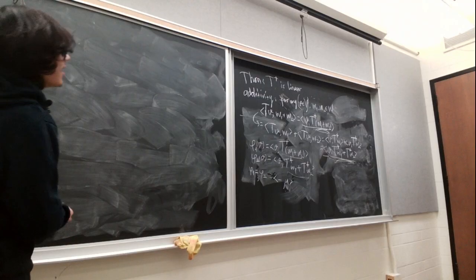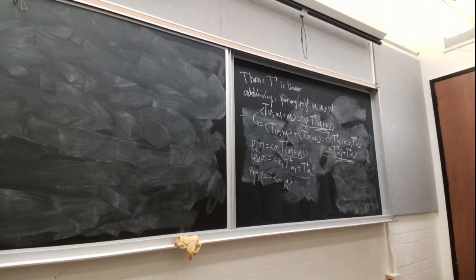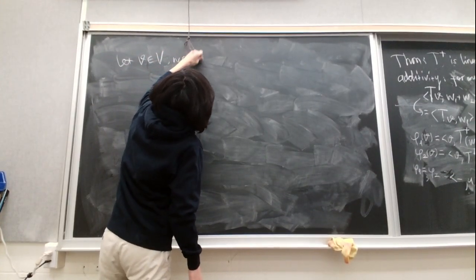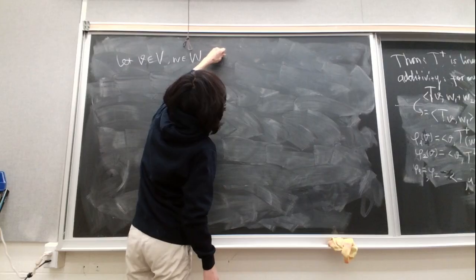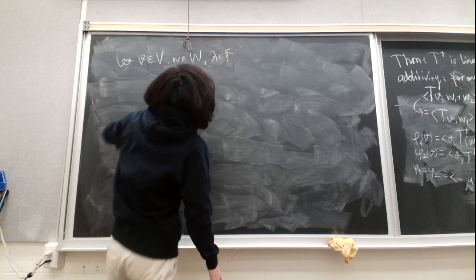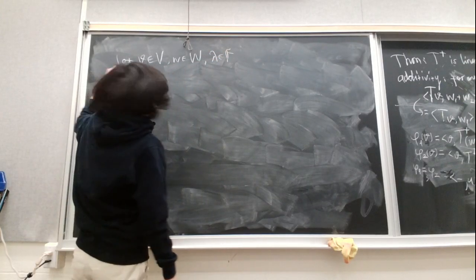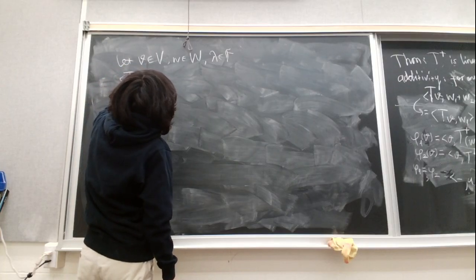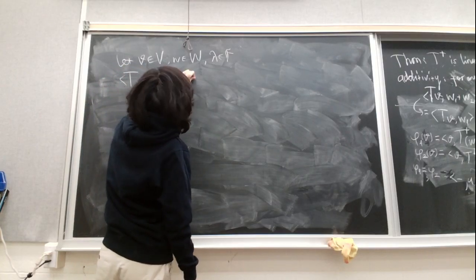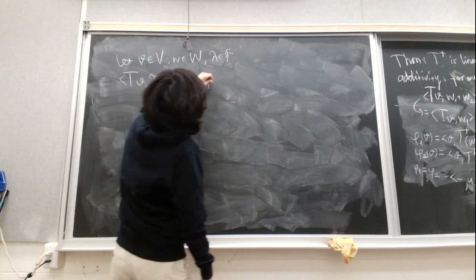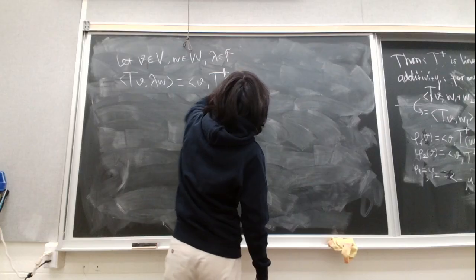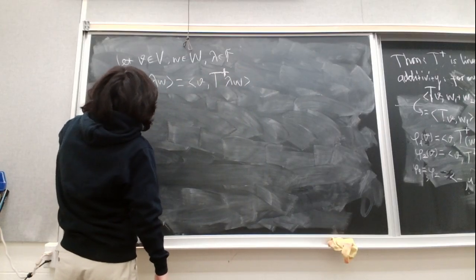So we let V be V, W be W, and lambda be F. Then we're looking at T of V with lambda W, which is on the one hand equal to the inner product of V and T dagger of lambda W.